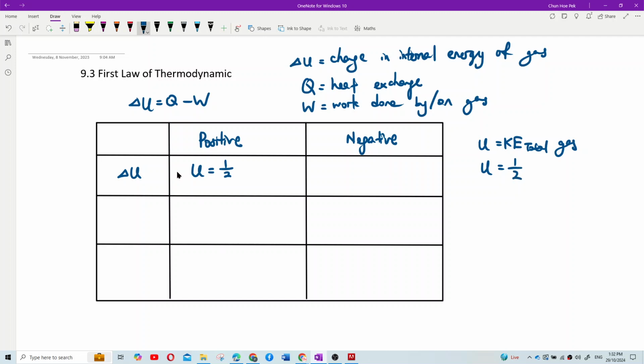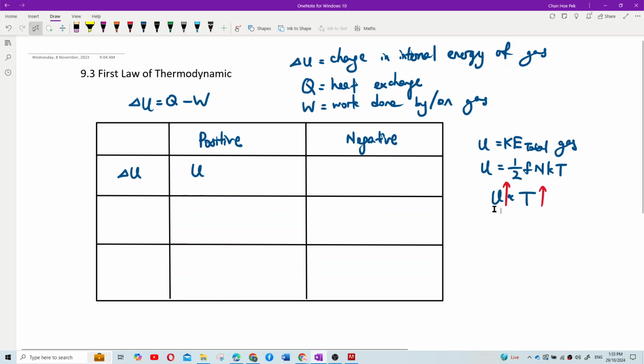It's half f N kT. Remember that? So internal energy is proportional to temperature. If temperature increases, the gas has higher internal energy. So a hot gas has very high internal energy.